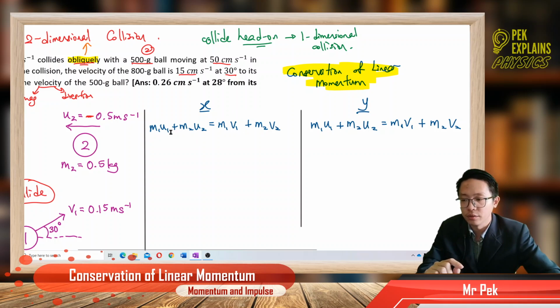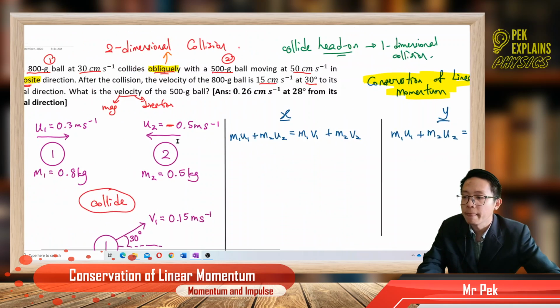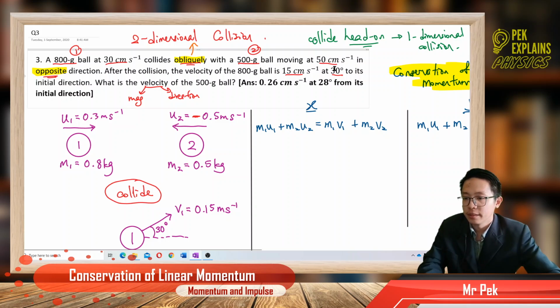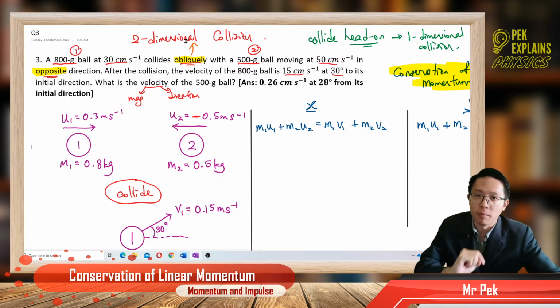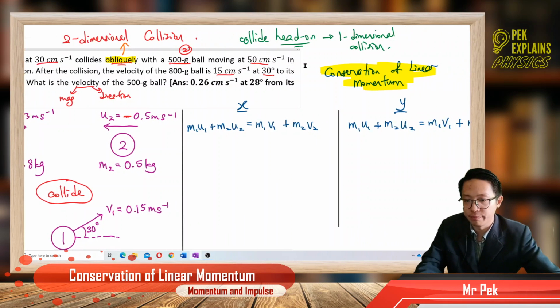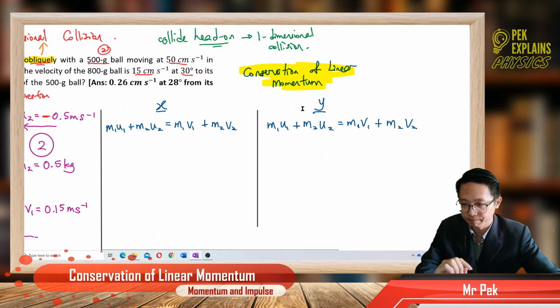Since here we have a 30 degree angle, and it says oblique collision, this is a two-dimensional collision. For vectors in two dimensions, you need to break them into x and y components. So I separate into two parts, x component and y component. Conservation of momentum applies.